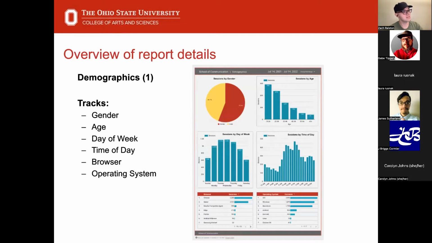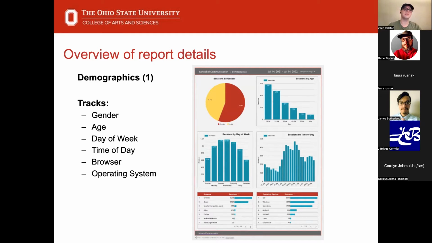So demographics, this is the first demographics page that we will typically look at. It breaks down everything from gender to age, day of the week that you're being searched, time of day, what browser people are using, and their operating system. For School of Comm, it looks like there is a majority female audience coming in.